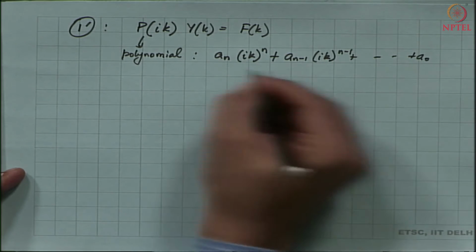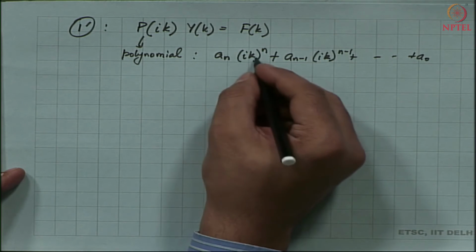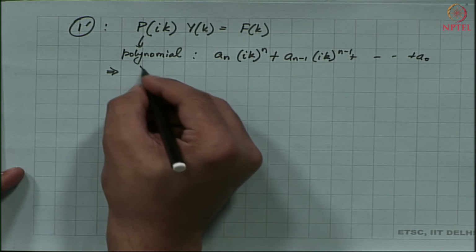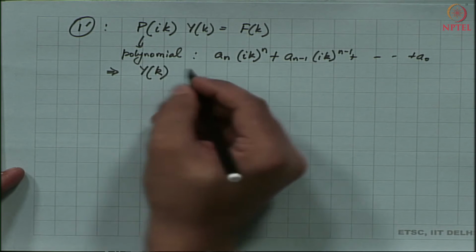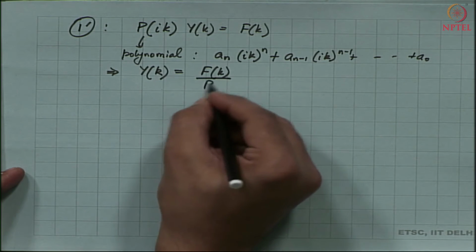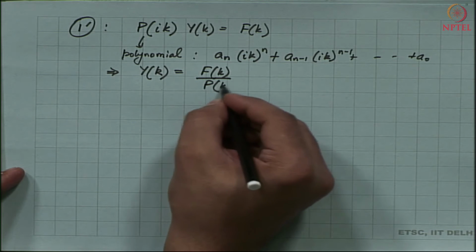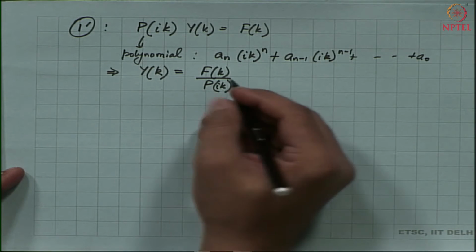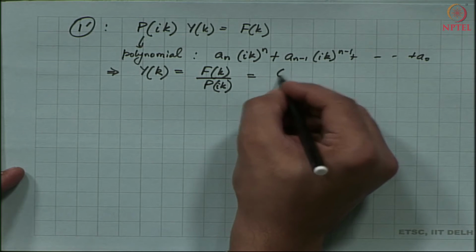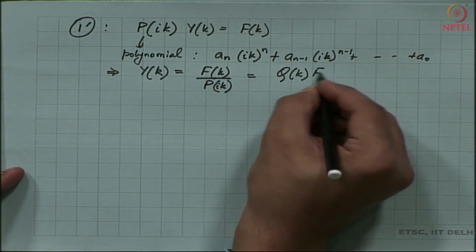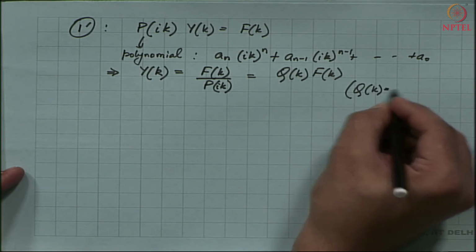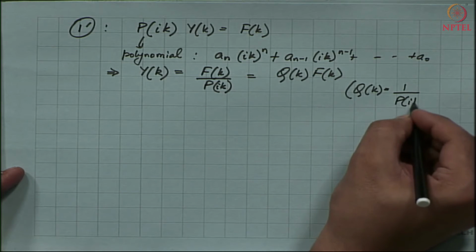So it is a polynomial of order n and the variable is k, and I can always invert this polynomial to get my solution in the Fourier plane. Y(k) is F(k) by P(ik). Then let us say that this is also equal to Q(k) times F(k), where my function Q(k) is 1 over P(ik).